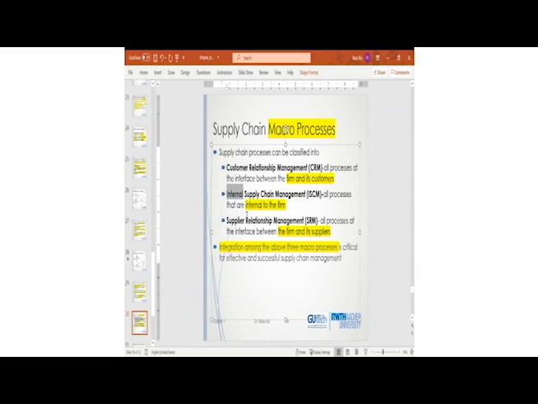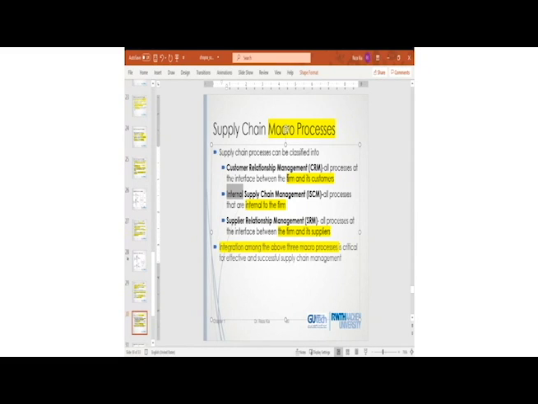And the other category is now supplier relationship management. So I think you can easily guess what the component would be here. In customer relationship management, we are associating our company with the customer. In supplier relationship management, we are associating the process of our supply chain company with a supplier. And which component, which item is common in these three categories? As you can see, the supply chain firm.